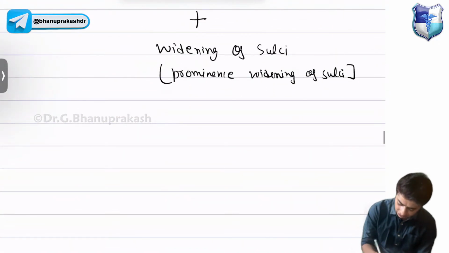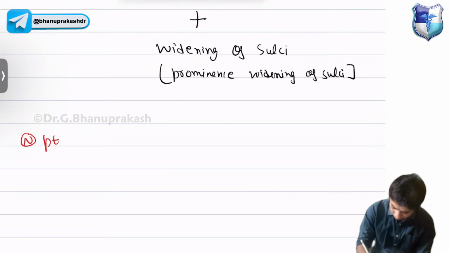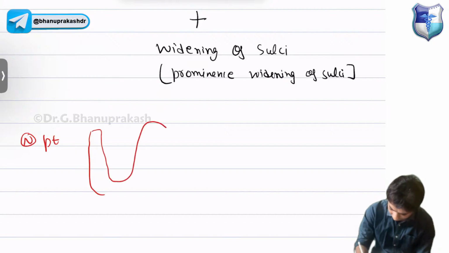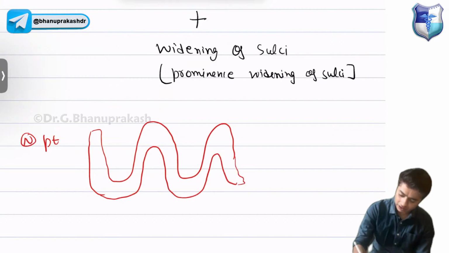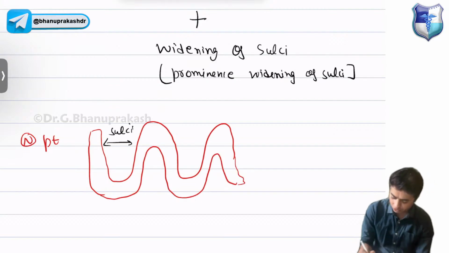Suppose this is a normal patient, and these are your gyrus, and this space is your sulci.